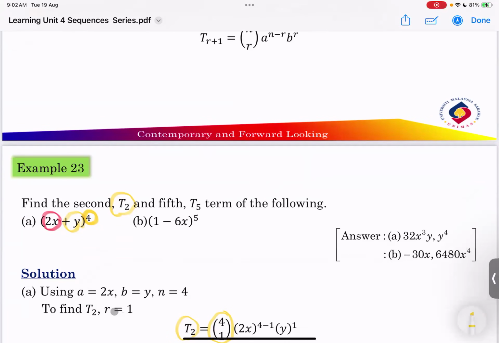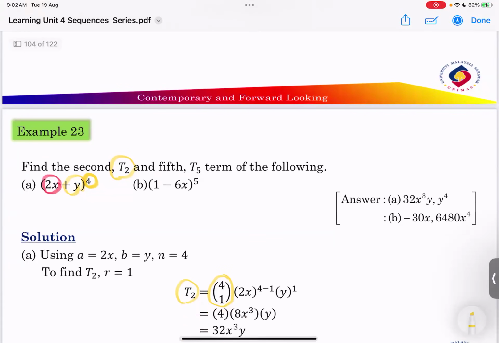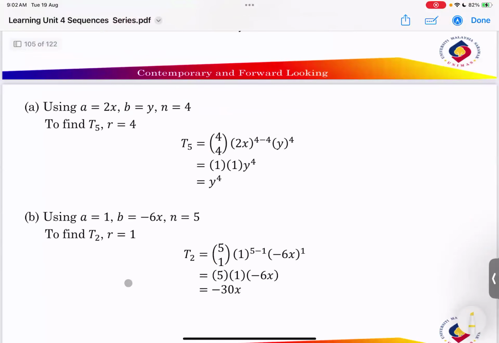And then your 2x is your a value, to the power of 4 minus 1, and then y to the power of 1. So that's why you get this answer, 32x cubed y. To find T2, r is equal to 1. To find T5, r is equal to 4. It's getting one step lower.